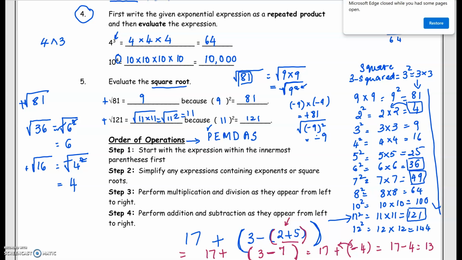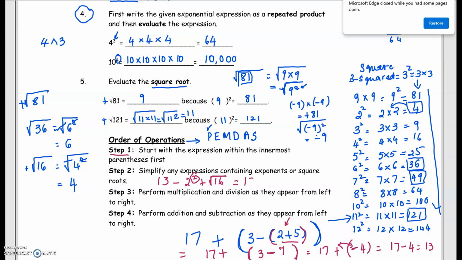What comes next? So the first step is parentheses first. Then simplify any expression containing exponents or square roots. So for example, let's say 13 minus 2 squared plus radical 16, you have squares and you have square roots.